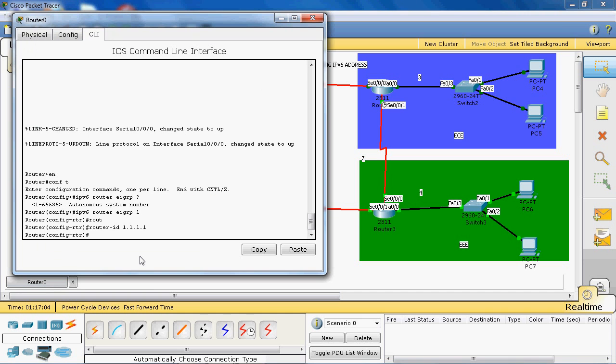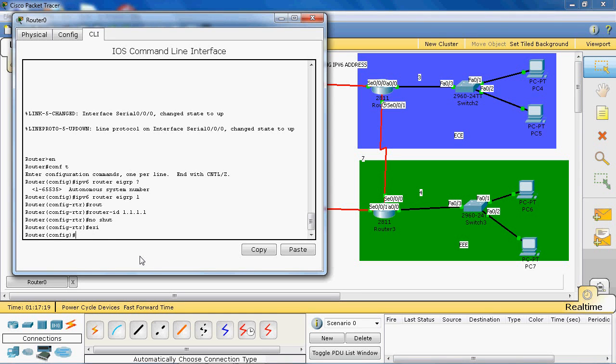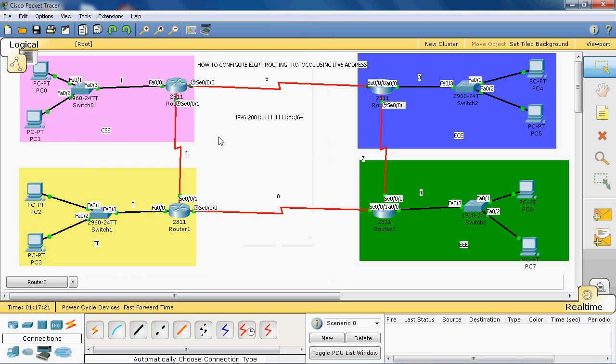Next we will give no shutdown, because by default the IP version 6 routing protocol is shutdown, so we give no shutdown to enable the EIGRP routing protocol. Exit.